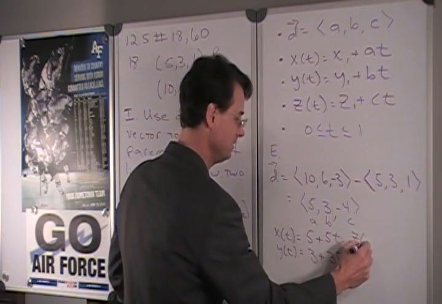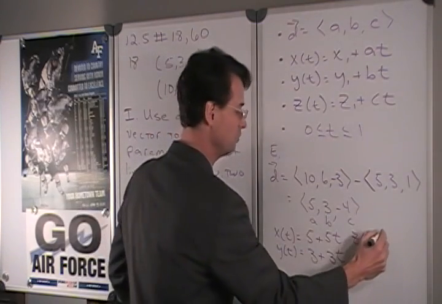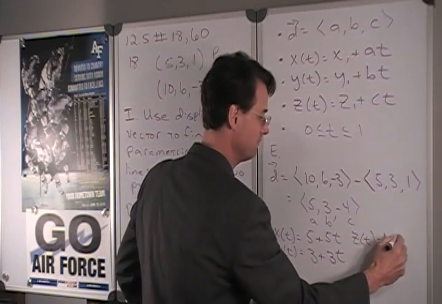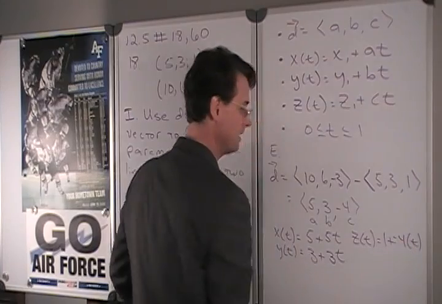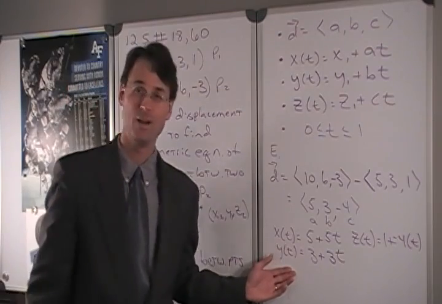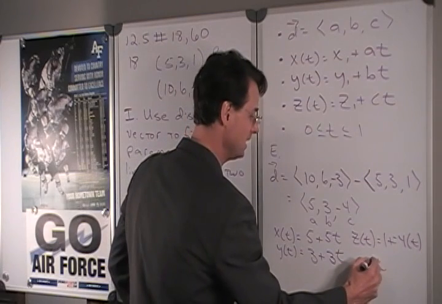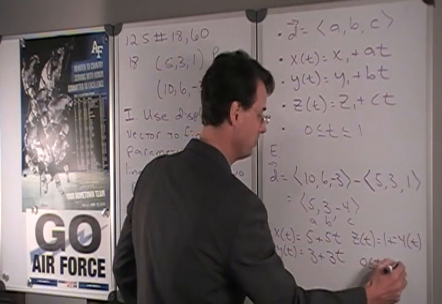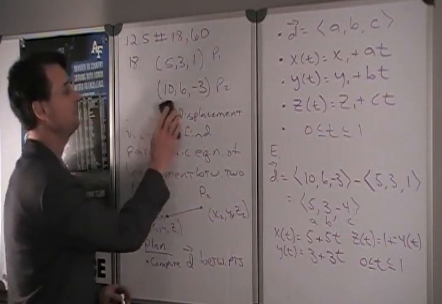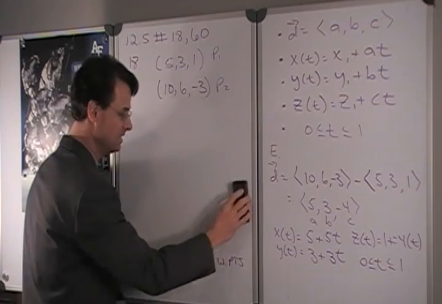And then z of t is going to be z1, which is 1, plus c, which is -4, times t. Alright, so these are parametric equations for that line segment, and we need to note that t goes from 0 to 1.